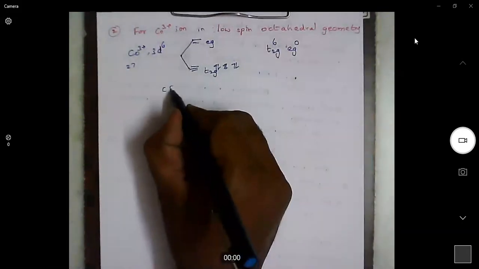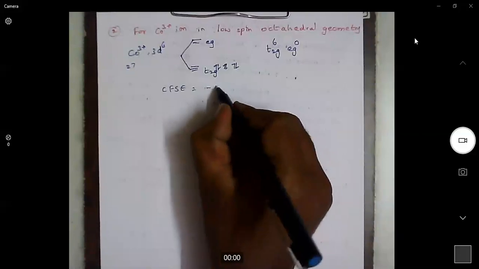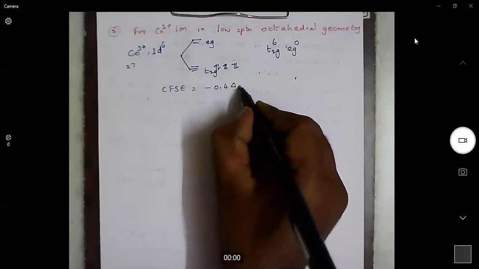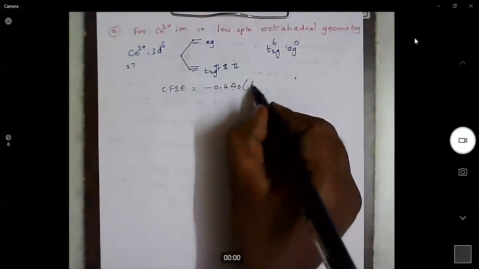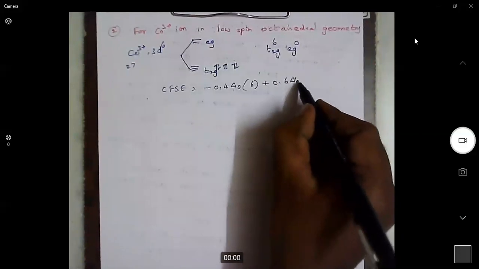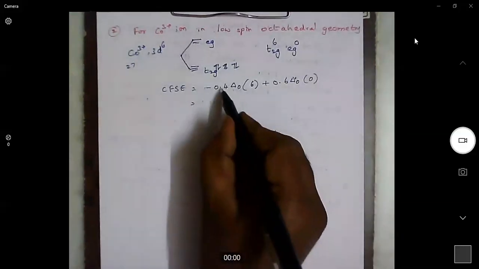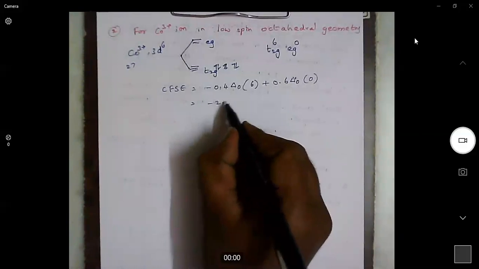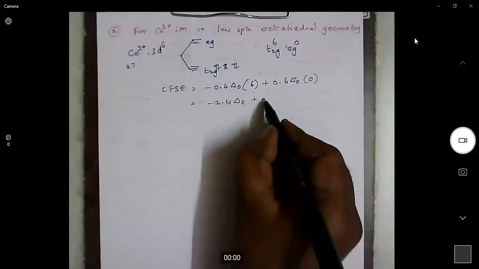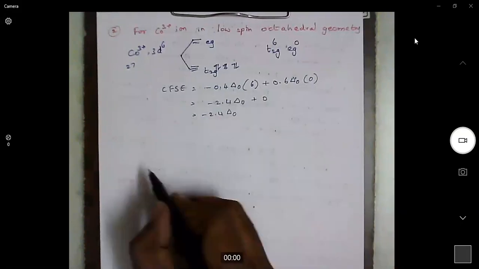Therefore, we can calculate CFSE using this electronic configuration. CFSE is equal to minus 0.4 delta naught into the number of electrons in T2g level, plus 0.6 delta naught into the number of electrons in Eg level. 0.4 into 6, it is 2.4 delta naught, plus 0. So minus 2.4 delta naught.